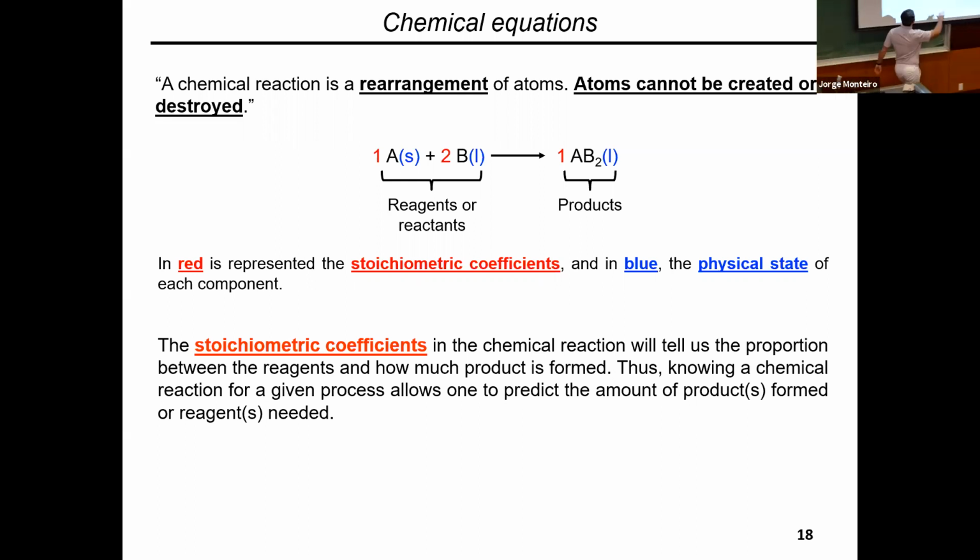Therefore, if we read A plus 2B producing AB2, what the reaction is telling us is that 1 mole of A reacts with 2 moles of B producing 1 mole of AB2.